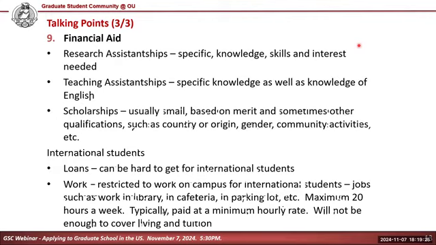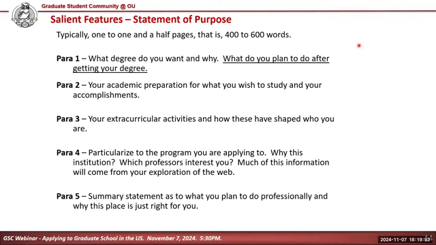The cafeteria job is horrible because you'll be washing dishes, cleaning tables. You could work at a sorority or a fraternity, and there also you'll be doing menial tasks like laundry, cleaning the latrines and stuff along those lines. The maximum is 20 hours a week, typically paid a minimum hourly rate, and it will not be enough to cover tuition or living expenses.